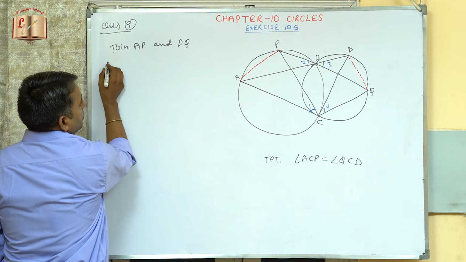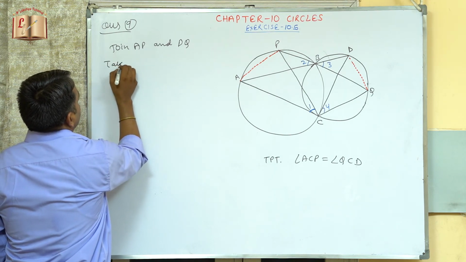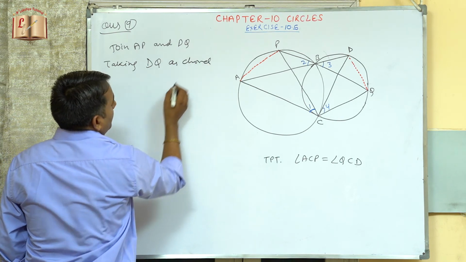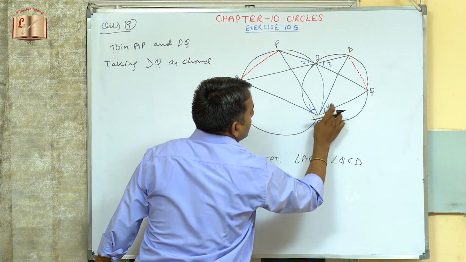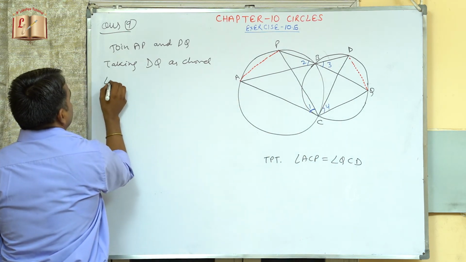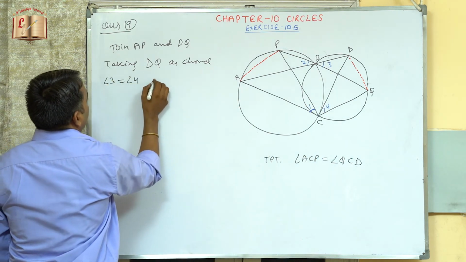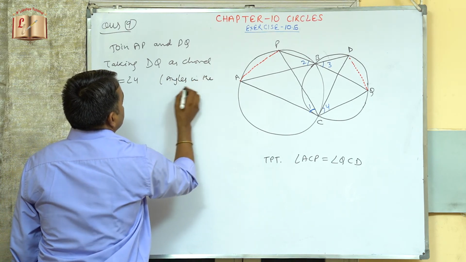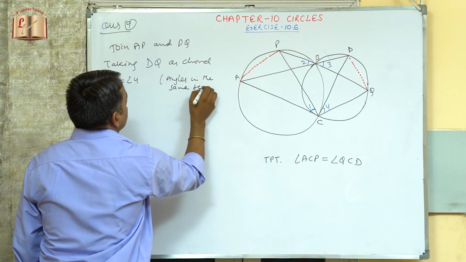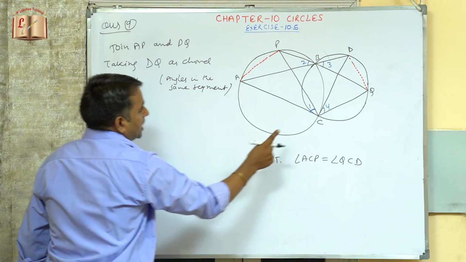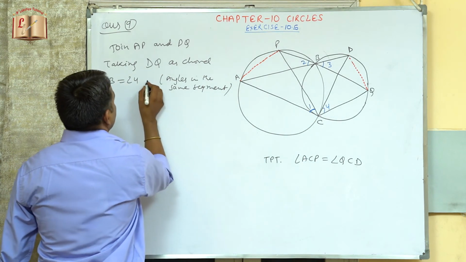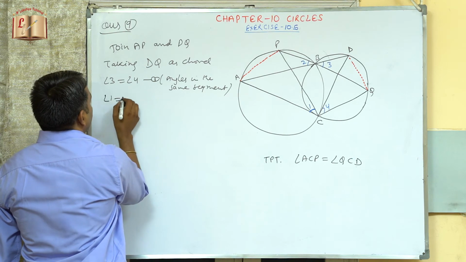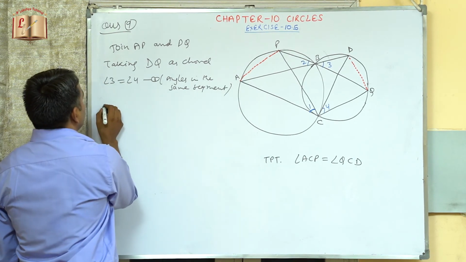Now taking DQ as a chord, on the DQ chord these angles 3 and 4 are formed. So we can say angle 3 is equal to angle 4 because these are the angles made by this chord in the same segment. So this is equation number 1. Similarly, now we can take up AP as the chord.